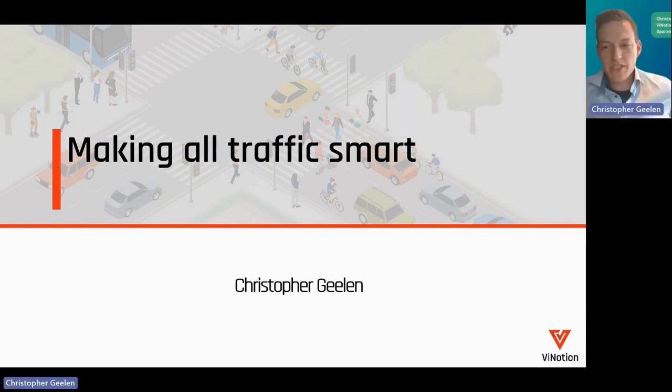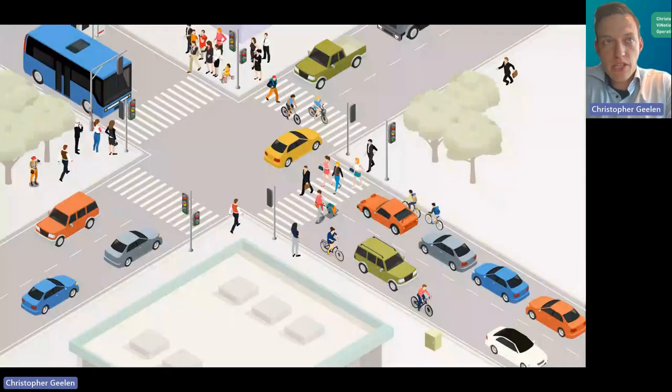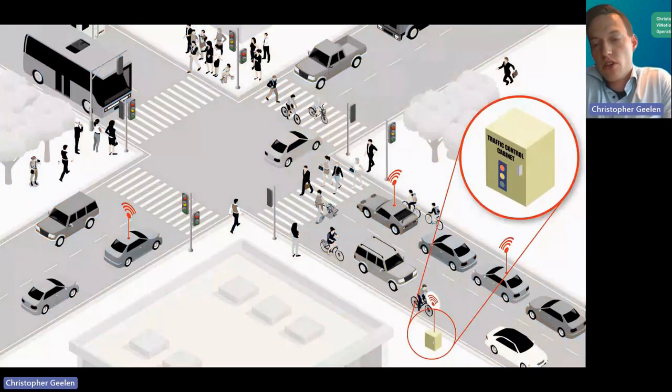Thanks, Paul, for the introduction, and welcome everybody. Happy to be joining this webinar and happy to share what we can bring to this CITS world. We've been talking a lot on intersectional level and on different types of traffic, and usually these intersections are controlled by traffic control cabinets.